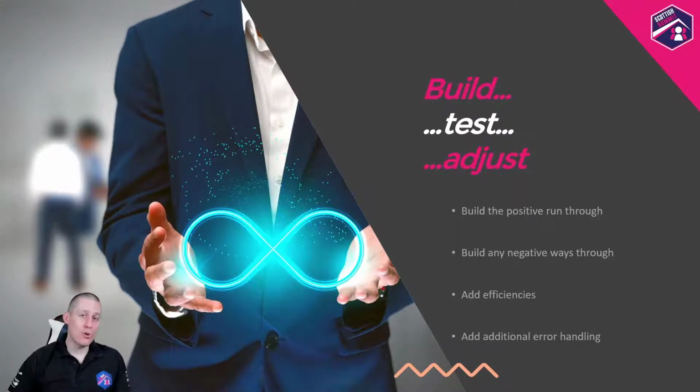No matter how good you think you are at flows, it's never going to be 100% right straight away, unless it's a very, very simple flow, in which case you can just go action 1, action 2, action 3, job done, right, I'm going to the pub because I've just built a fantastic flow. As soon as you start getting something a little bit more complex, you need to really start to iterate through it. The way that I tend to do that is I will break it down into chunks, like we mentioned on the previous slide.